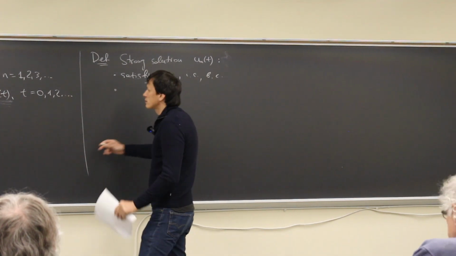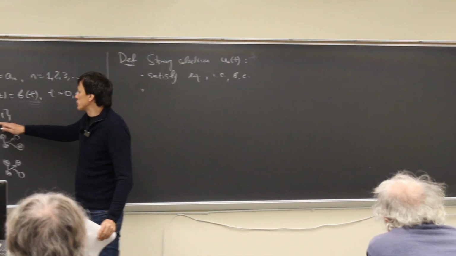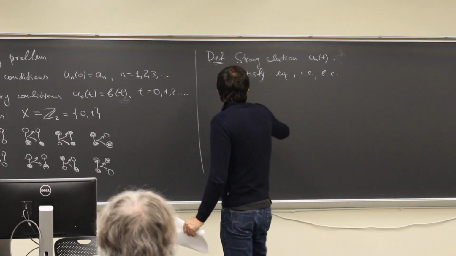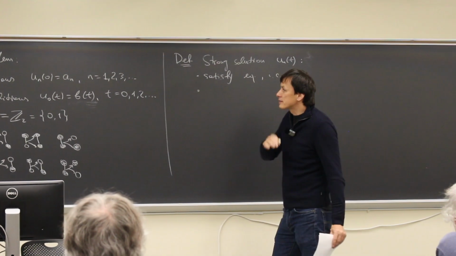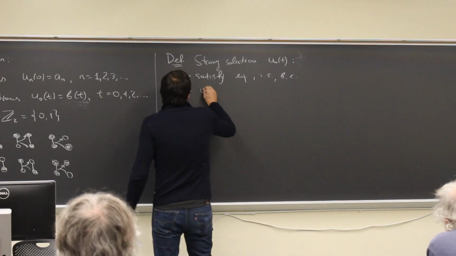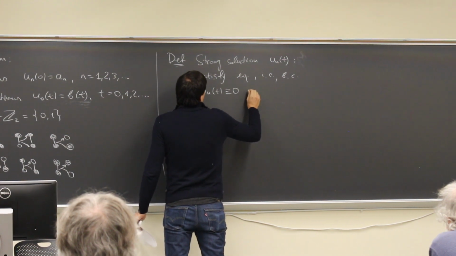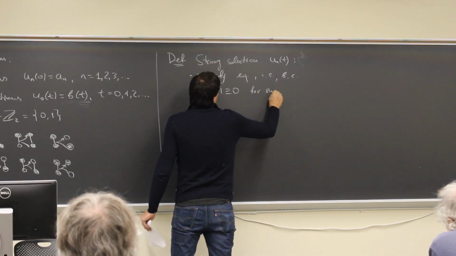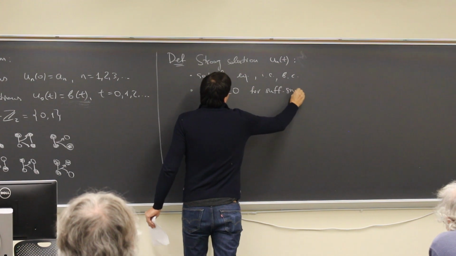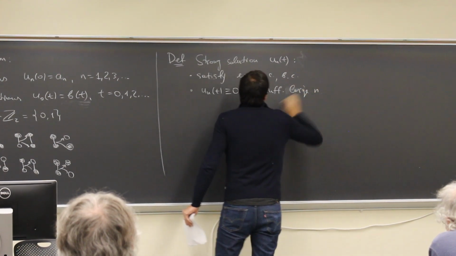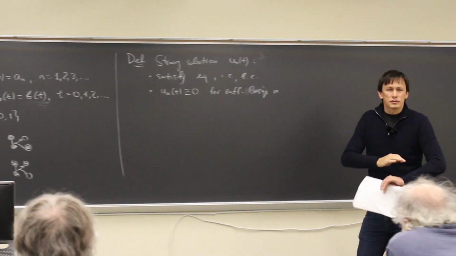Here there is no such notion, it's just 0, 1. So the only way to say that it decays at small scale is that u_n is just 0 for sufficiently large n. So at sufficiently small scales, you just have nothing.